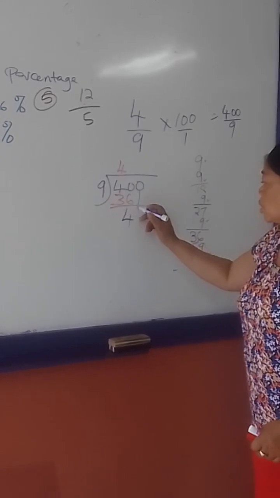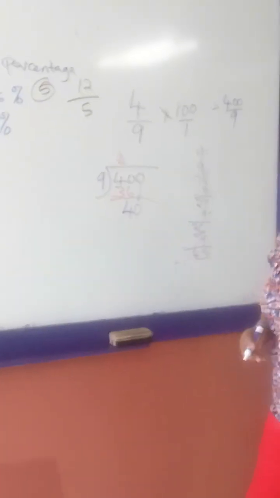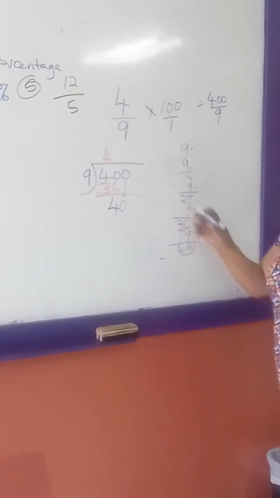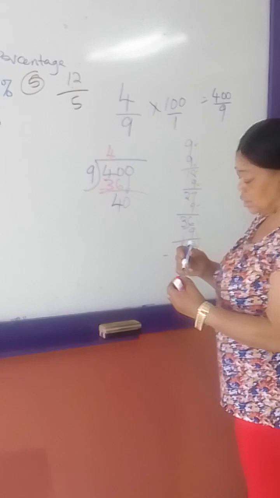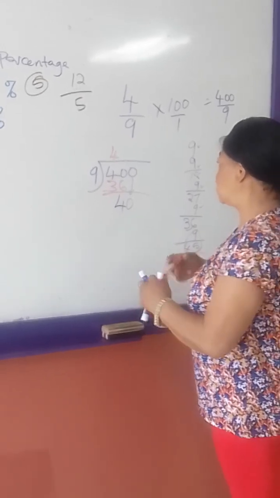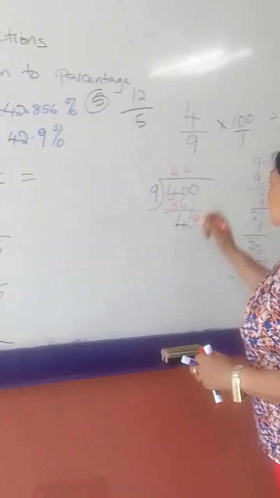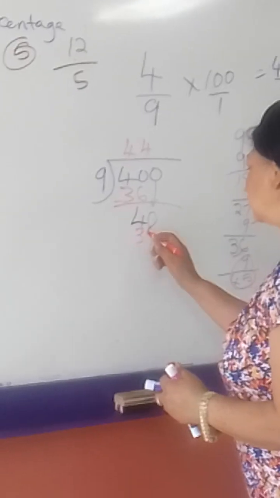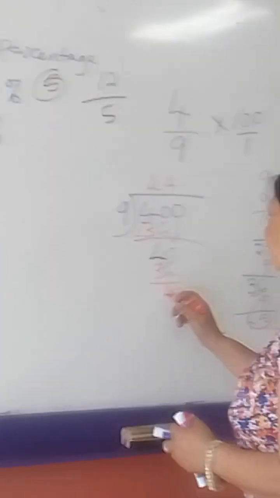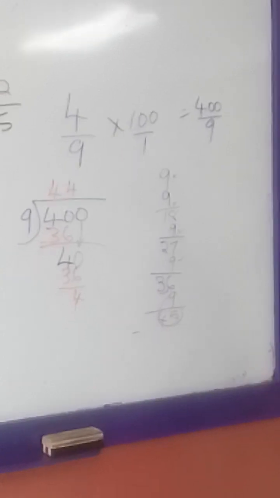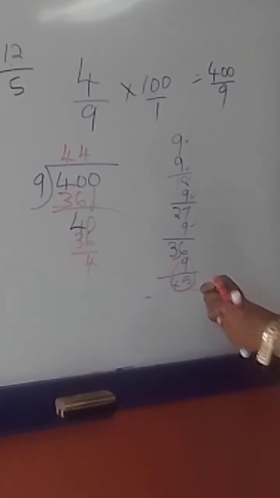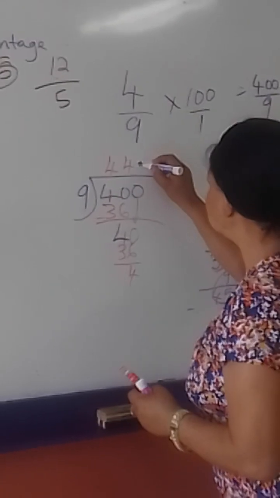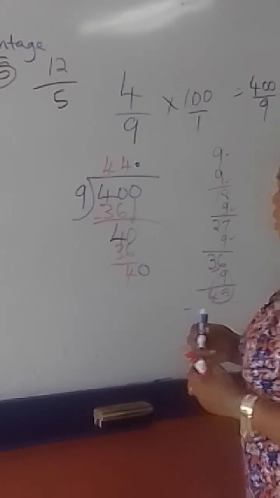So I'm now going to bring down this 0. And 9 into 40, it's still going to be 36, so it's still going to be 4 times. And that's going to be 36. And I'm left with 4. But this time, there is nothing else to carry down. Understand me? There's nothing else to bring down, so I'm going to have to put a point and add a 0 to this.